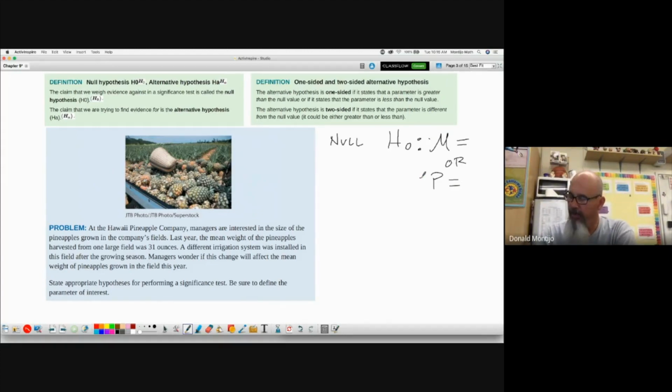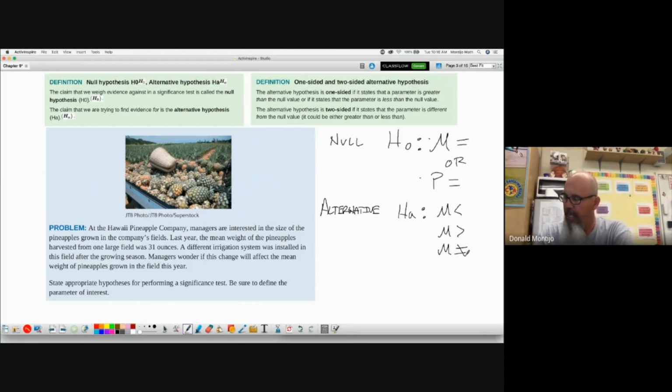The alternative hypothesis is HA. What we are trying to do is find evidence against the null and in favor of the alternative. So it could be that we think it's less than, or we're trying to test that it's greater than, or maybe we just think, nah, you're lying, it's not equal to.